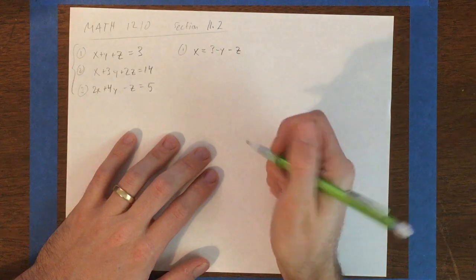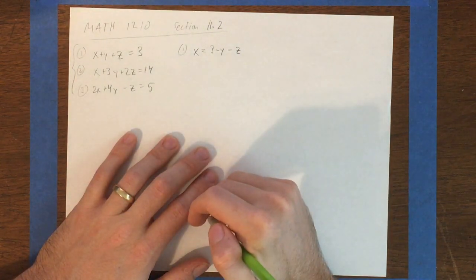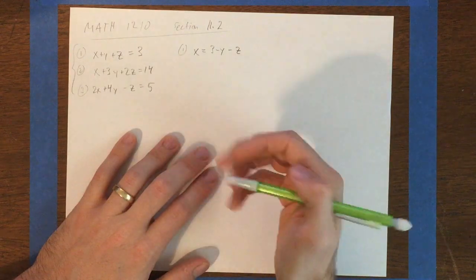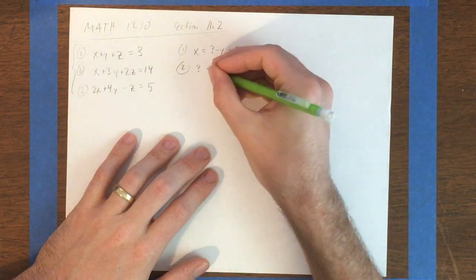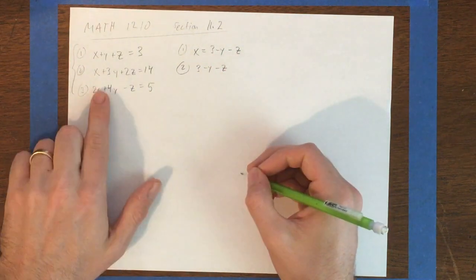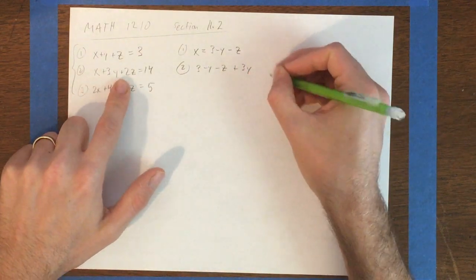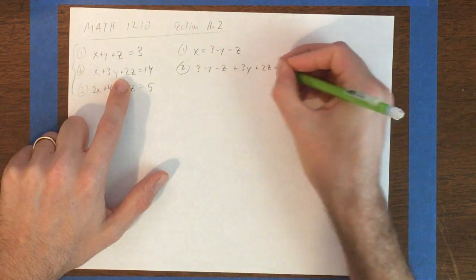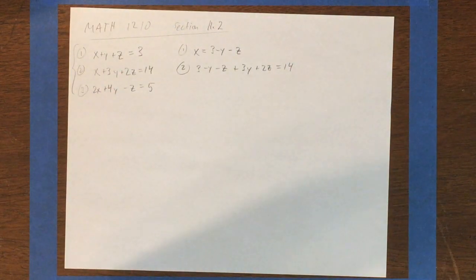Now I'm going to substitute that 3 minus y minus z in for x in the other two equations. So equation 2 becomes 3 minus y minus z, that's the x, plus 3y plus 2z equals 14.